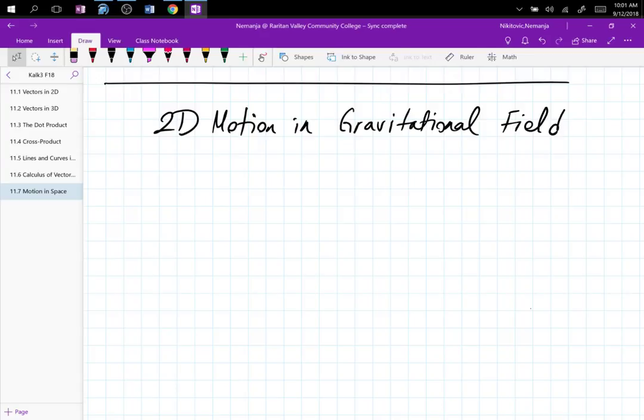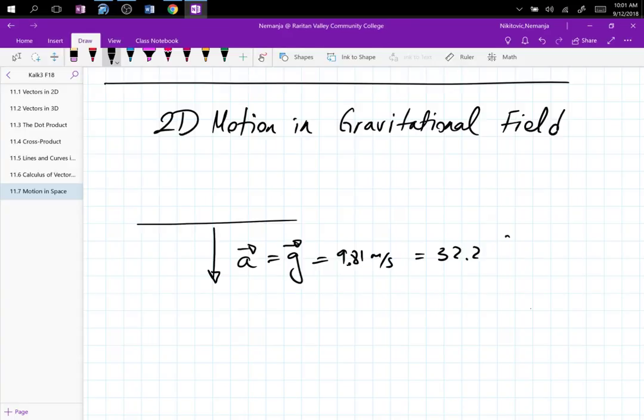Now, for 2D motion, it suffices, because the planet is so big, for us to say that we draw a little flat piece here, and then we just draw the arrow down, and we say towards the center of the Earth, and that's your acceleration vector, which is actually your gravitational pull, given as 9.81 meters per second squared, or 32.2 feet per second squared.